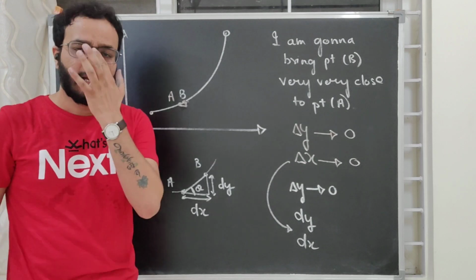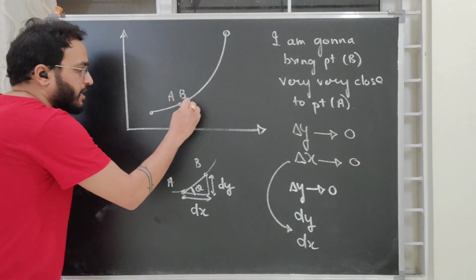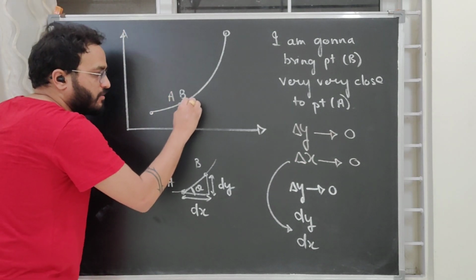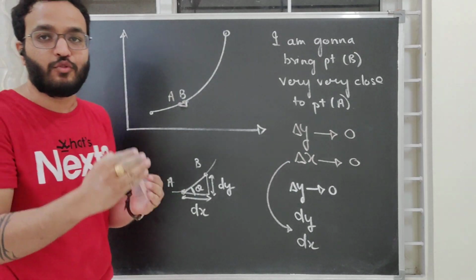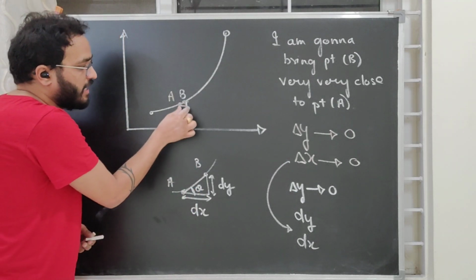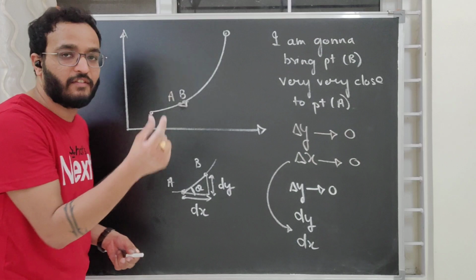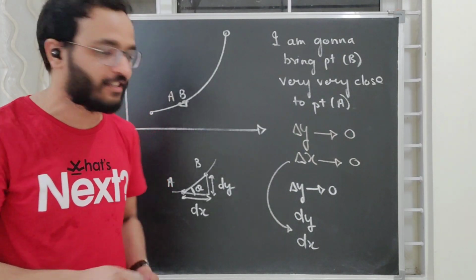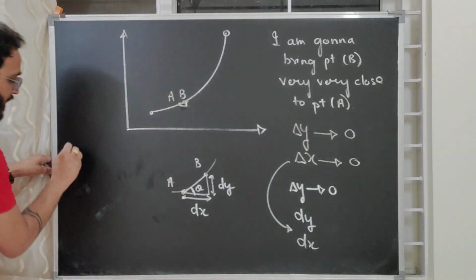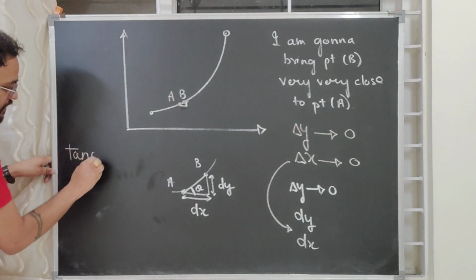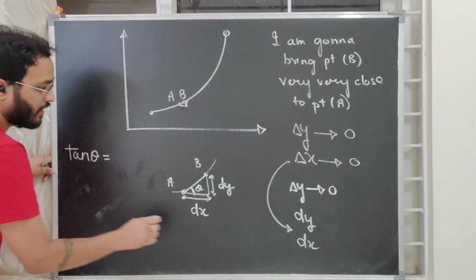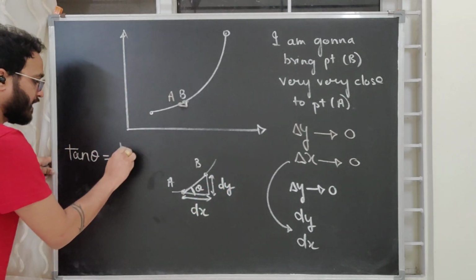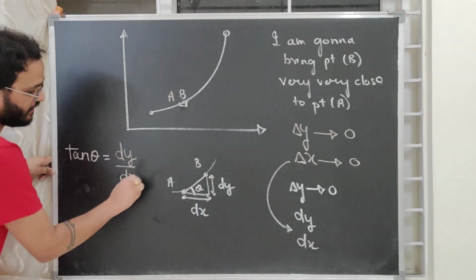Because this height is very small, I have to write it as dy, and this base is very small, so I cannot write it as delta x, I have to write it as dx. So what is tan theta right now? You will say, sir, tan theta will be perpendicular upon base, that is dy by dx.